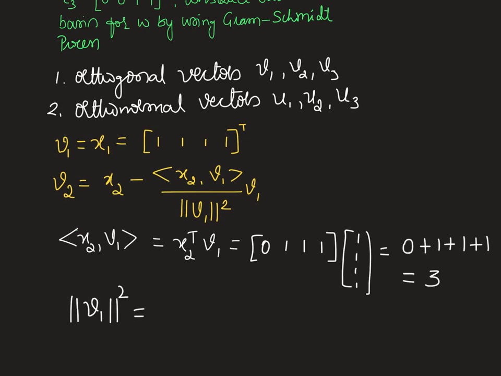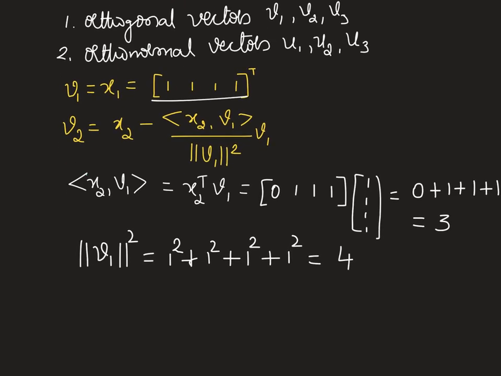So it becomes 4. Therefore, v2 is x2, the column matrix (0, 1, 1, 1), minus, and we got 3 in the numerator and 4 in the denominator, so it is 3 by 4 times v1.